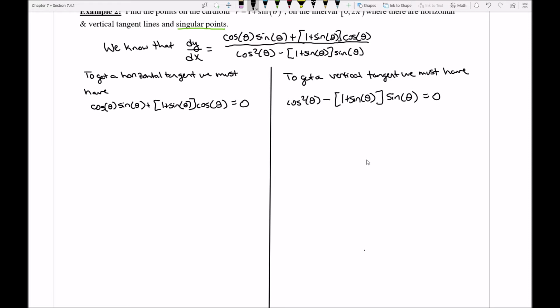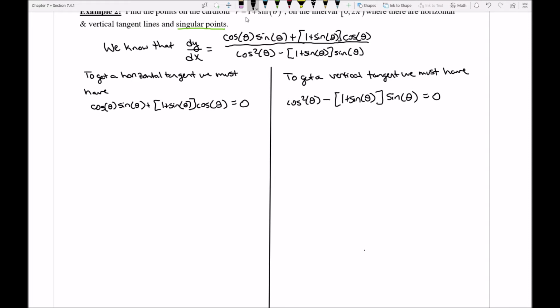And in example 3 in these notes, I'll leave that for you as one to go practice with on your own. Well, let's take a look over here at what I have at the start. On this left side, if I'm trying to find horizontal tangents, the best thing that I can typically try to do is to factor some things. Because if I have something equal to 0, and I can change the other side into one item times another, then it's really easy to figure out what the values of theta are that might make that true.